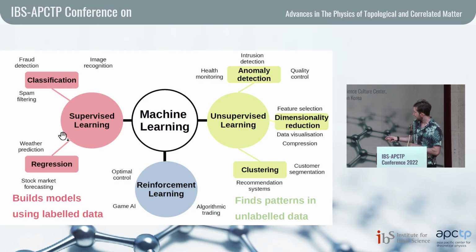On the other hand, unsupervised learning relates to algorithms which aim to find patterns in unlabeled data. This includes algorithms for clustering, reducing dimension to identify important low-dimensional subspaces, and also various anomaly detection techniques.